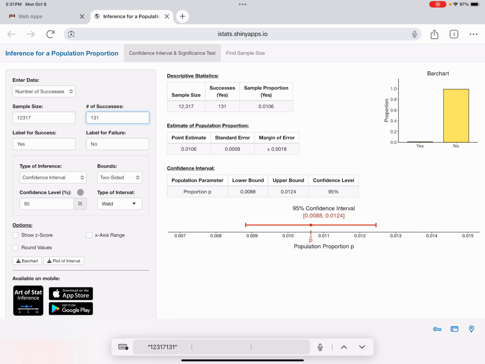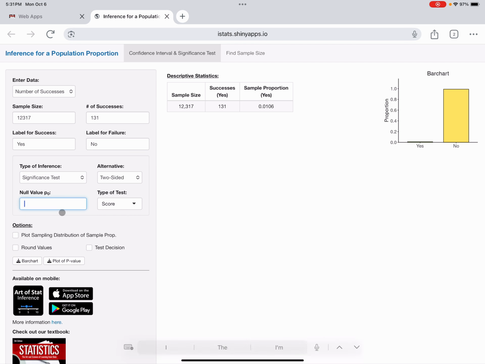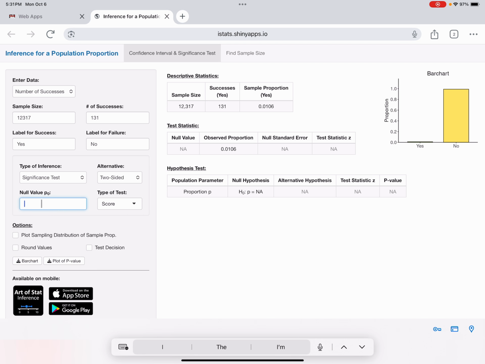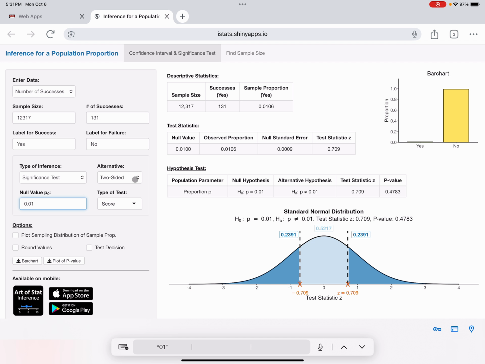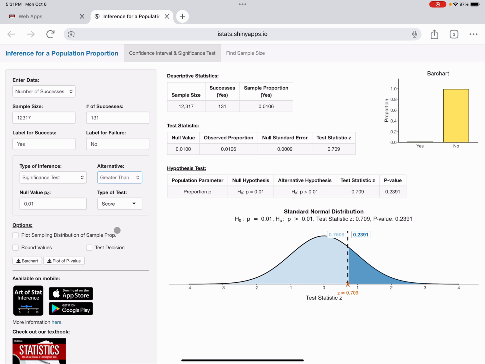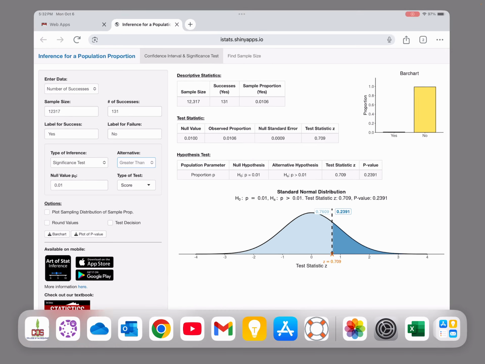We want a significance test where the null value is 1. And we want to run this right-tailed. We wanted to see if the proportion was bigger. And we get a pretty large p-value, 0.2391. Now, looking ahead, I know that I'm going to want to get a confidence interval as well. So I'll come back and change this to confidence interval in a second. Let's write down our p-value, then we'll come back and change it to a confidence interval.